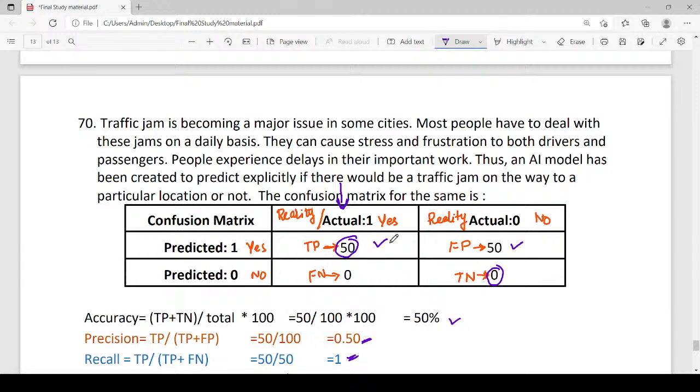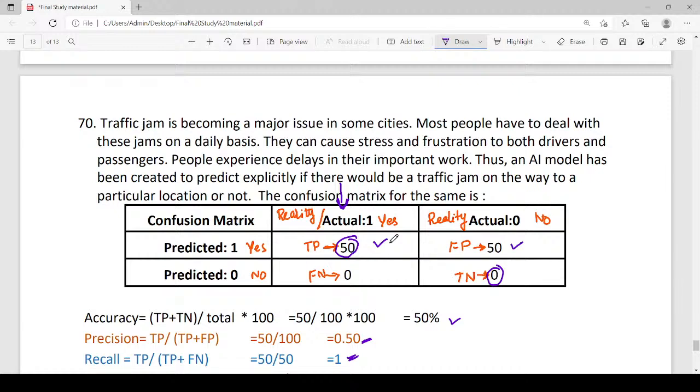Now one of you is going to tell me the value of F1 score. I'll wait here. You have the value of precision. You have the value of recall. What is the value of F1 score? You can try calculating. I have got one answer.